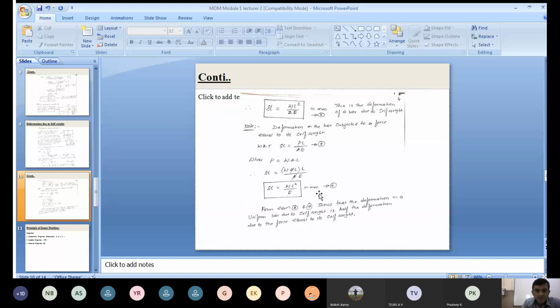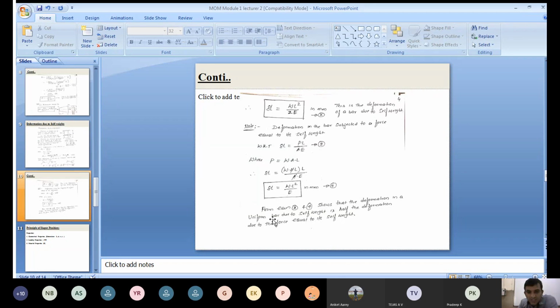In equation 4, WL square by E is there. Which one will deform more? Equation 2 deforms more, sir. Wrong. Yashwant D. Raj. Is not there. Yogesh.